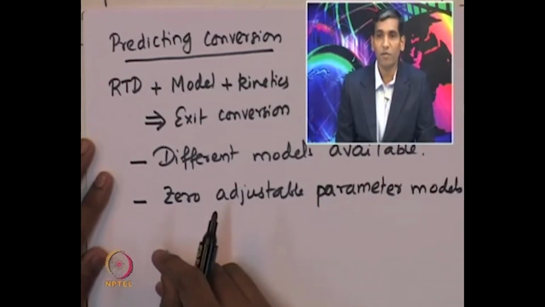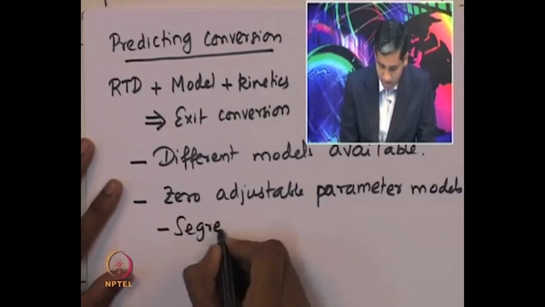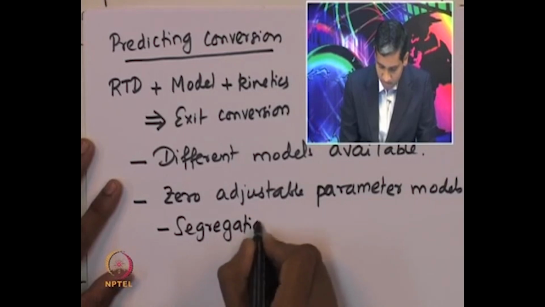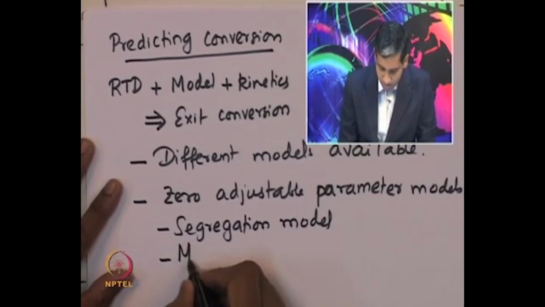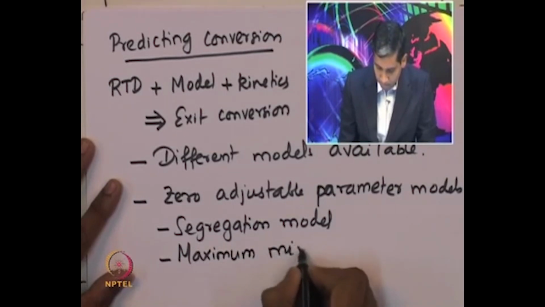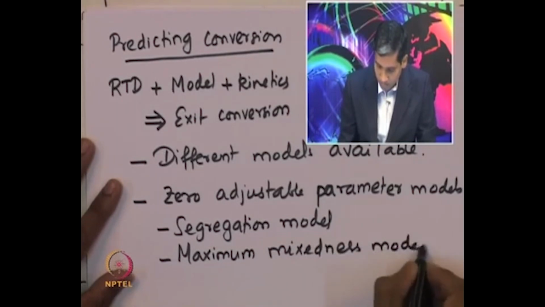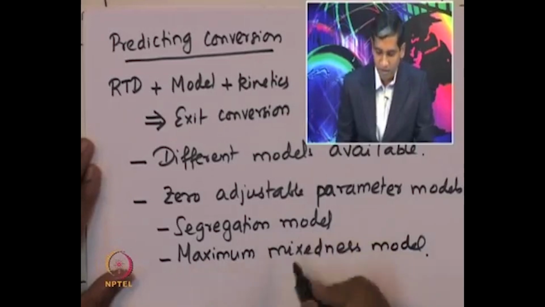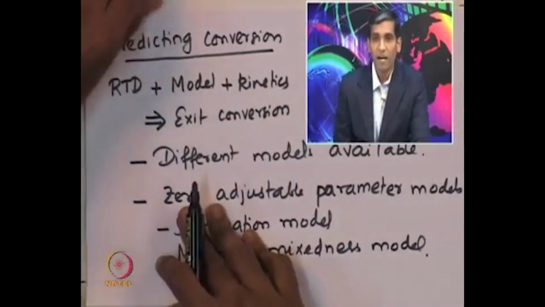These are essentially two types of models. The first one is called the segregation model, and the second one is the maximum mixedness model. We are going to look into the details of these two types of models to predict the conversion of a real world reactor.